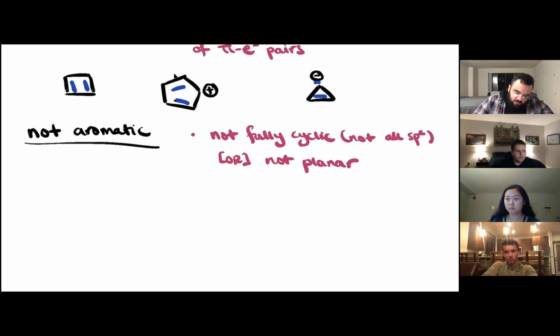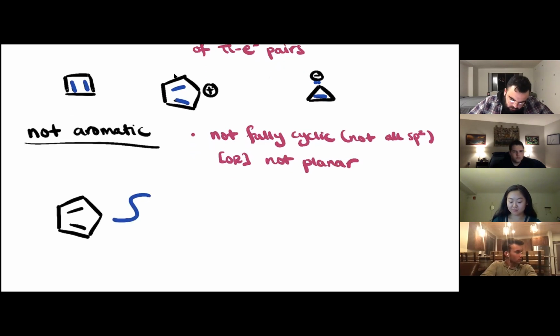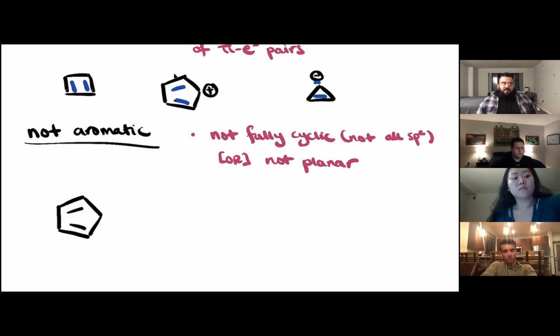Okay. So let's say we had cyclopentadiene. For cyclopentadiene, we see that we have a conjugated system that's in a ring. Mind you, if you have a conjugated system that's in a ring, that does not mean it's a cyclic pi system.